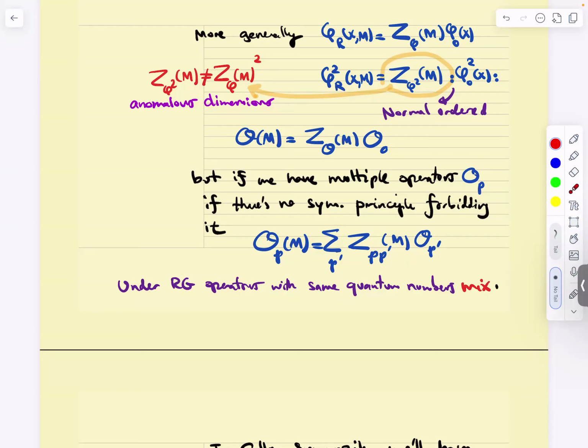But generically, if you write down some O P of m, this is a sum over P prime of all the bare operators with the same quantum numbers. We actually see examples of all sorts of operators mixing with each other under RG flow. This is an important phenomenon.